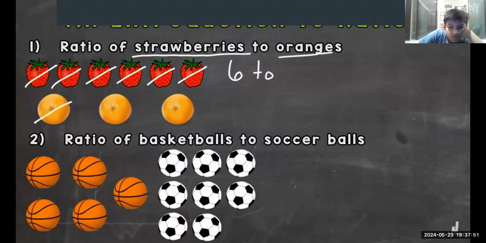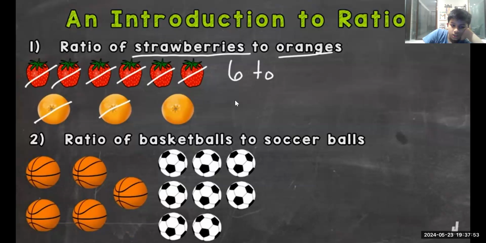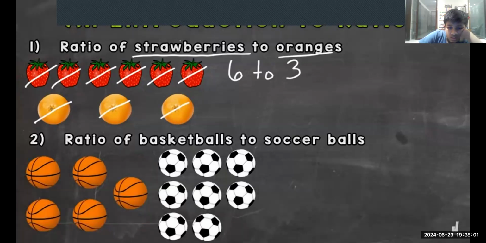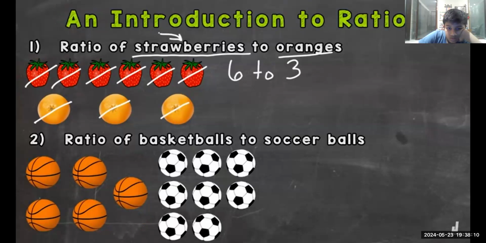Well, 1, 2, 3. 6 to 3. So this shows for every 6 strawberries, there are 3 oranges. And again, strawberries has to come first, the 6, because it comes first in our ratio problem, right?